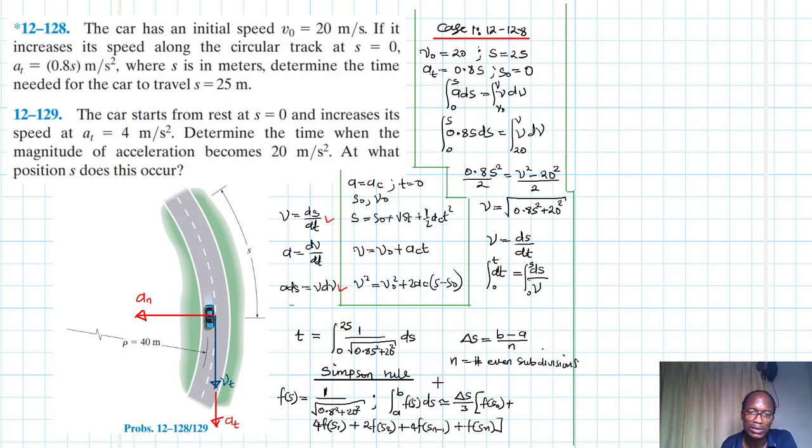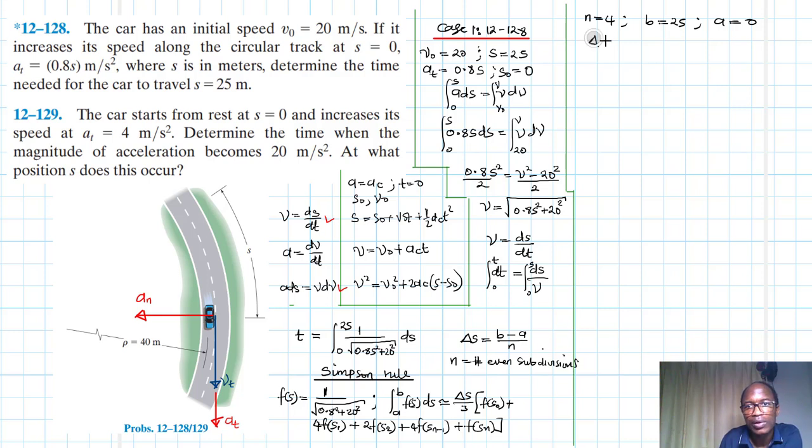So basically this is what we intend to do. If we are to draw this, let our n be equal to 4. In our case, we are integrating from 0 to 25, so our b is equal to 25 and our a is equal to 0.